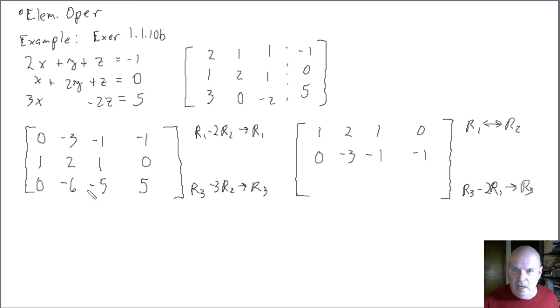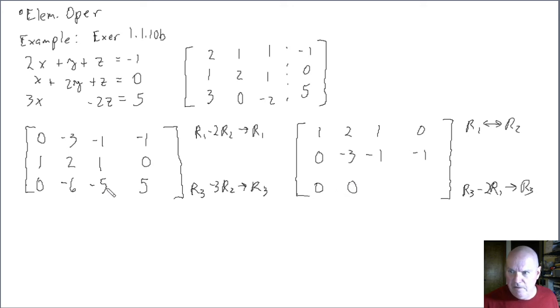The reason I do that is I see that it'll get rid of this leading minus 6 here. If I multiply this row by minus 2, I'll get a 6, and when I add those, it'll give me 0 here. Since both of those are 0 here, and I've already said I know I'll get a 0 here.